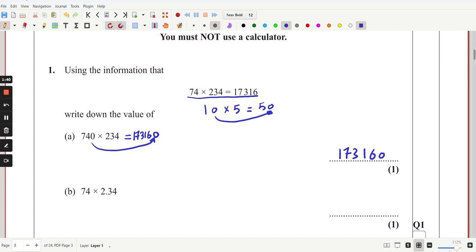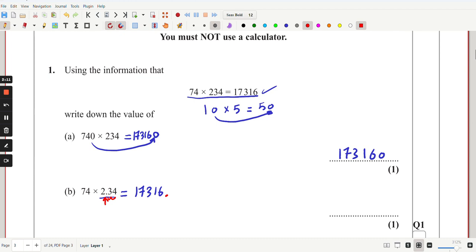Part B, 74 times 2.34. This is a decimal number, so first of all, once we are multiplying by decimals, we will ignore the decimal point first, then we will display it in our answer. So here we multiply 74 times 234, which, from using this information, is 17,316, and we know there is a decimal point with two decimal places.